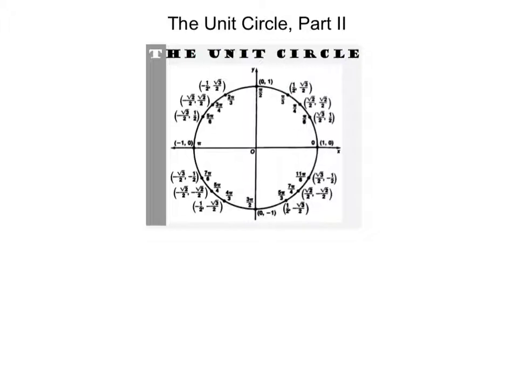And this is a 60, 30 triangle, and you're going to get these values. We've already talked about how we get the values for those angles, sometimes called the quadrantal angles. What I would really like you to understand is that you really only have to memorize the values in the first quadrant.